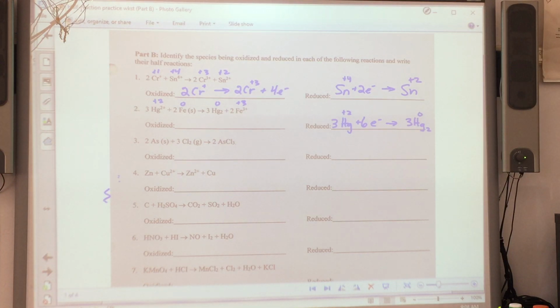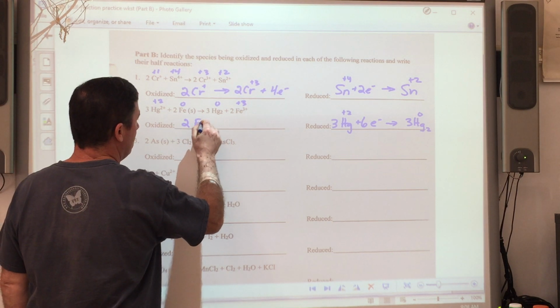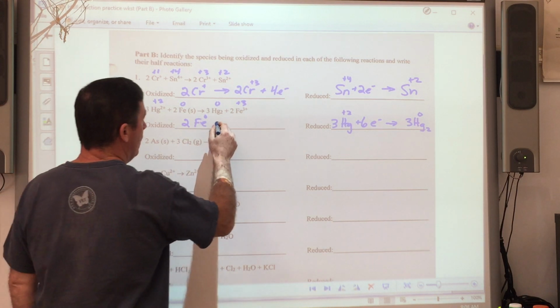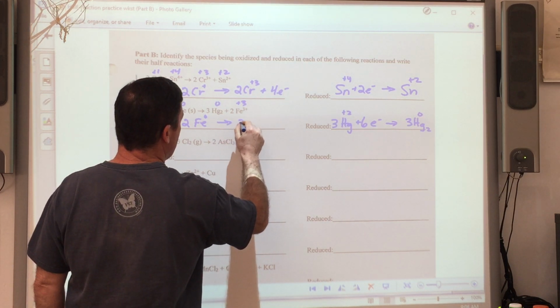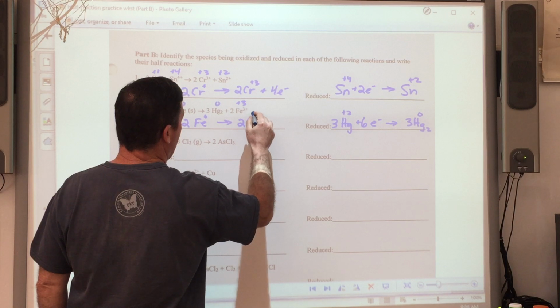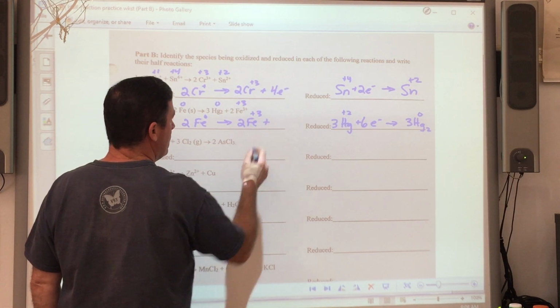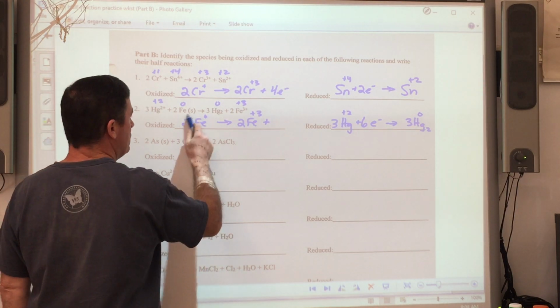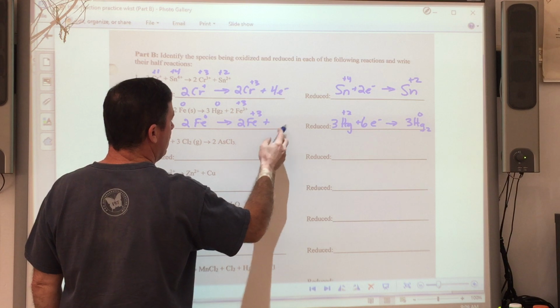Oxidized. Okay, so what's left? We've got iron. Iron is going to lose electrons and become iron 3+. So what's my charge over here? 0 on this side, +6 over here.